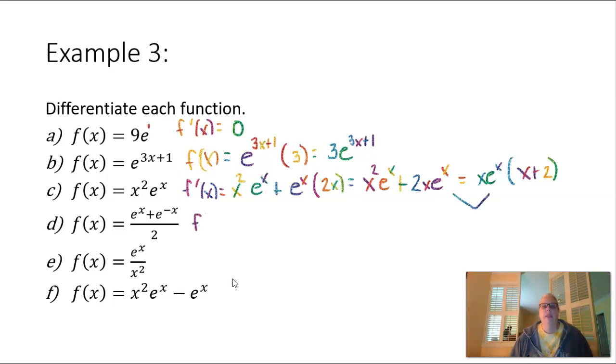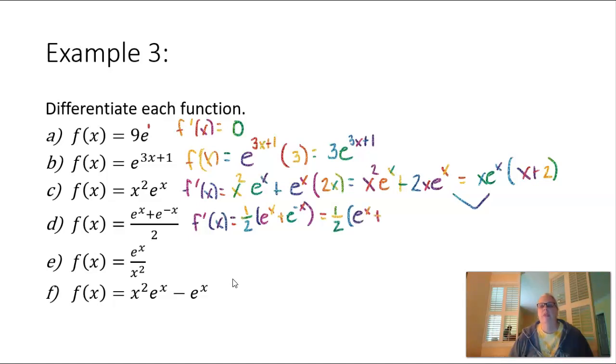Part D, we're trying to find the derivative of e to the x plus e to the negative x over 2. And I think I had factored out that 1/2 to try and do it this way. So we've got half of, the derivative of e to the x is just e to the x.